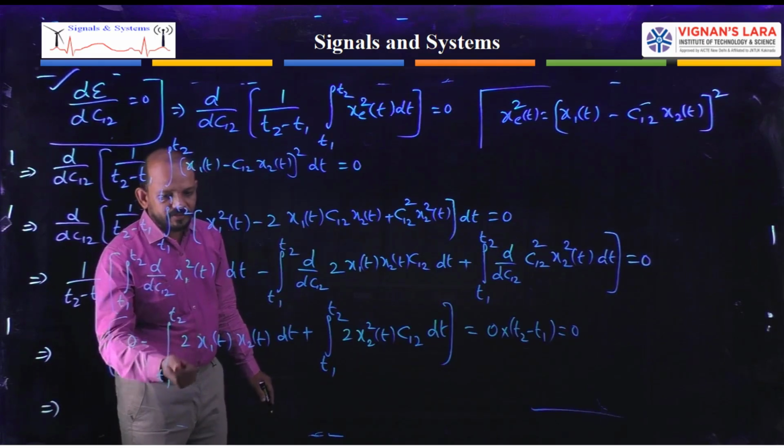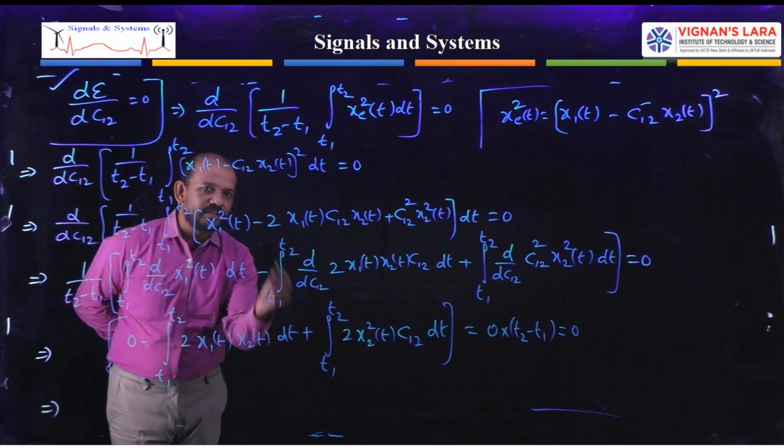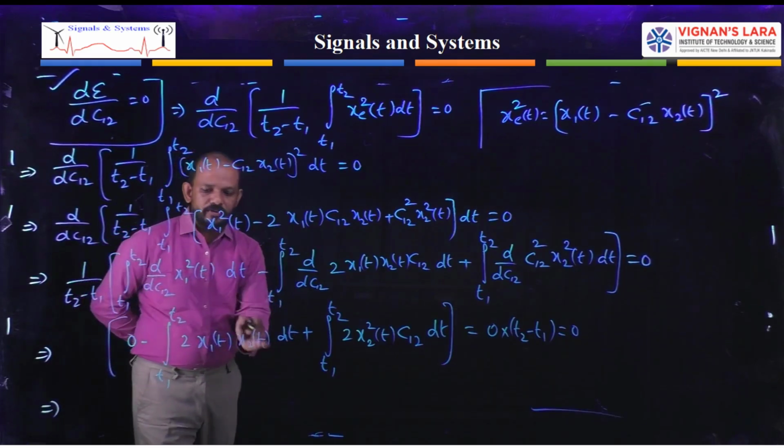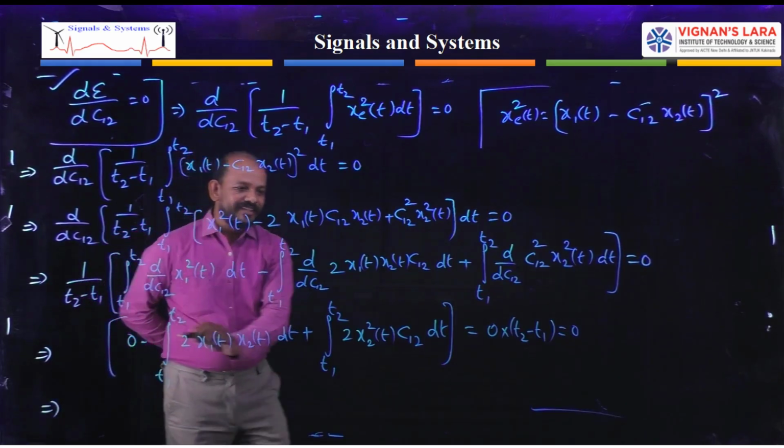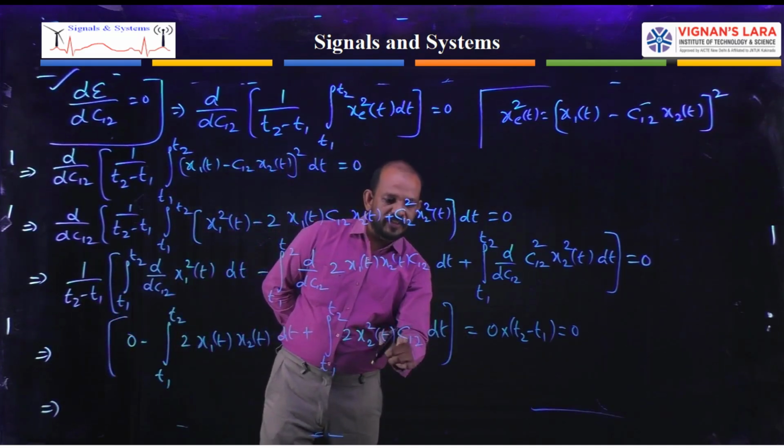integration of this one, t1 to t2, into 2 into x1 of t, x2 of t dt. We have to find. No need to find out anything from this, because in this equation, what we need is the value of this c12 only.